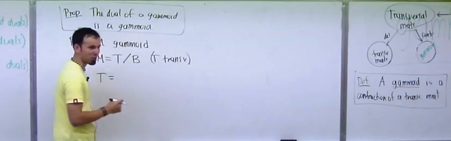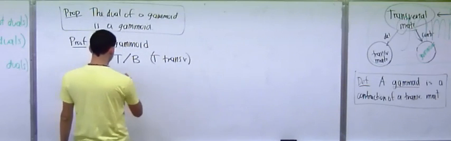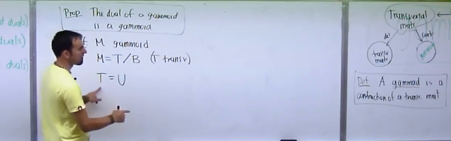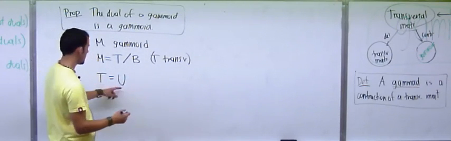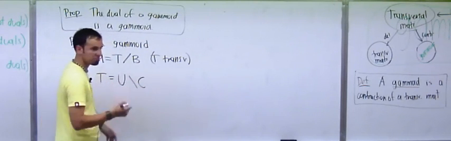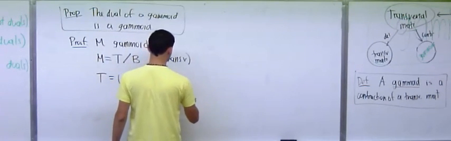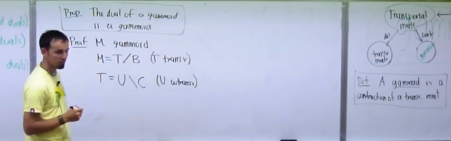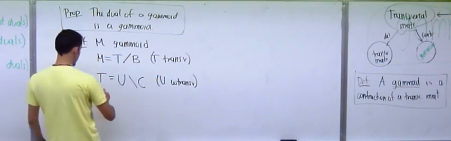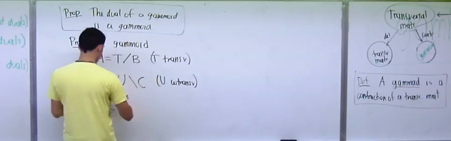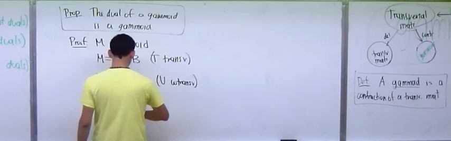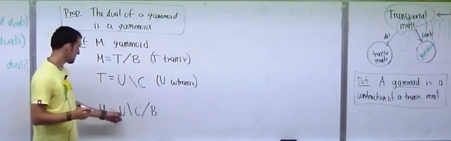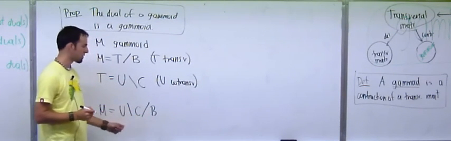This is one of these formal proofs where I'm just going to do things and just pull off a proof without ever doing anything. A transversal is a deletion of a cotransversal. U is a cotransversal. Okay. Therefore, M is U delete C contract B. A deletion of a contraction of a cotransversal.